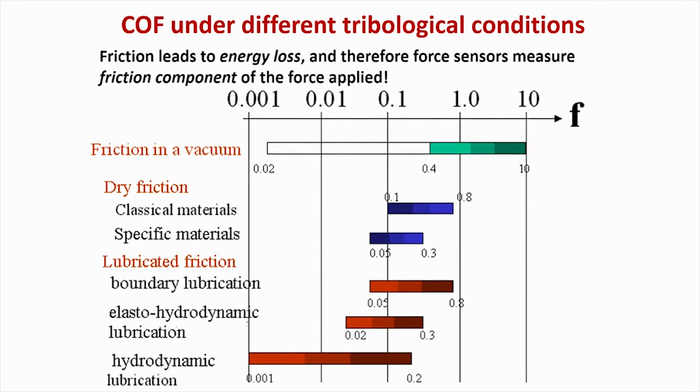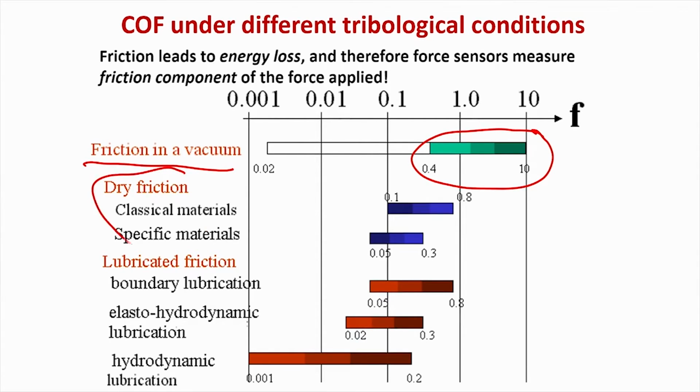Okay. Now, here you will see what I mentioned in the very beginning, how the coefficient of friction varies under different tribological conditions. So, let us say if you consider the friction in vacuum between two mating solids, the coefficient of friction can go very high, from 0.4 up to 10. Okay.